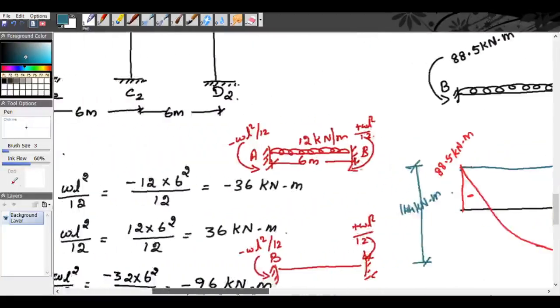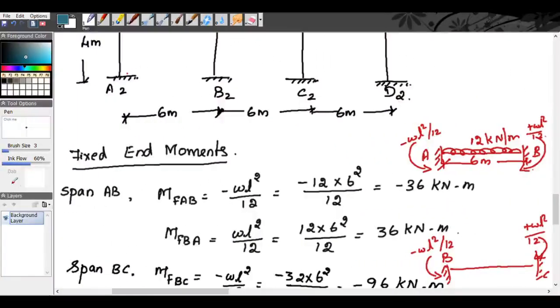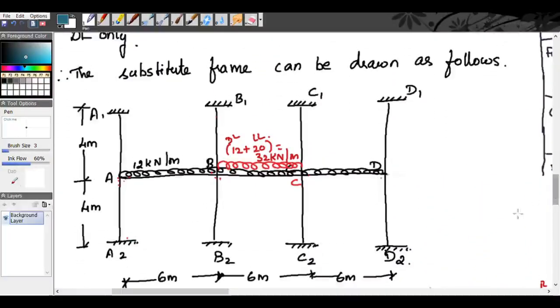I will explain once again if needed. We are given a frame which is spaced 4 meter apart. The beams are of spans 12 meter and the column is 4 meter.